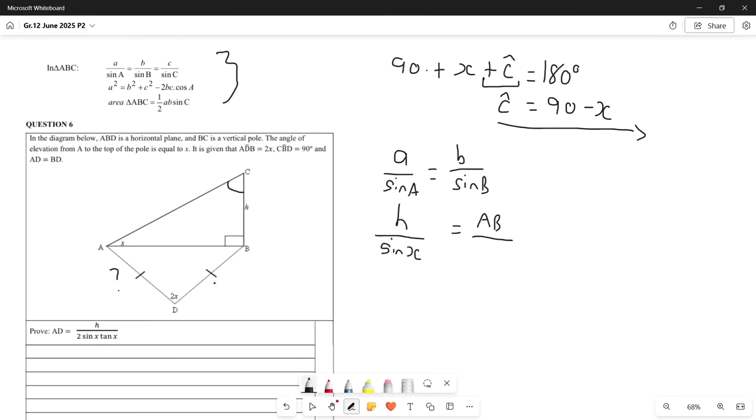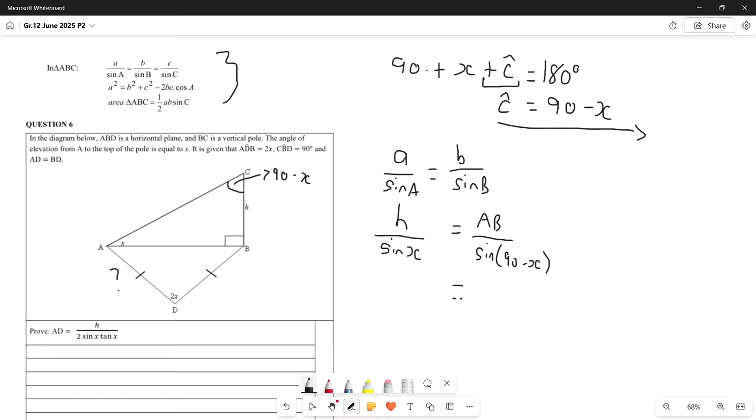And this is a good thing for us because we are going for a tan x, which means we would need a cos x, and right now this has something to do with a cofunction. So if we plug it in here and we know this angle now is 90 degrees minus x, which we just solved, we can go sine brackets 90 minus x over here.